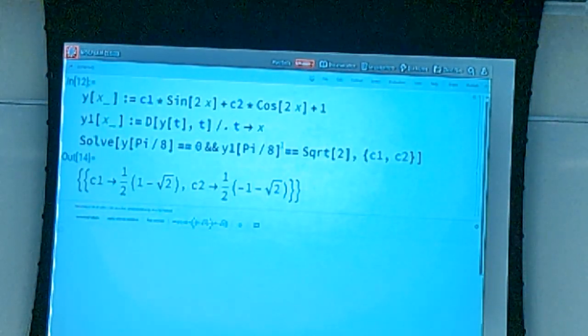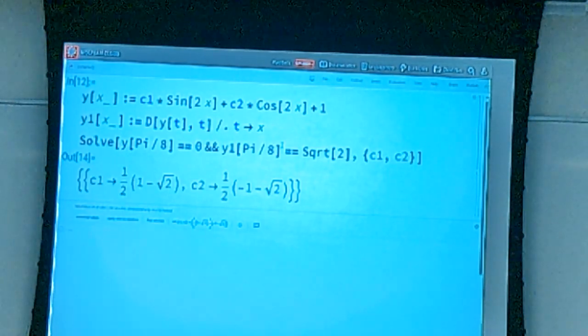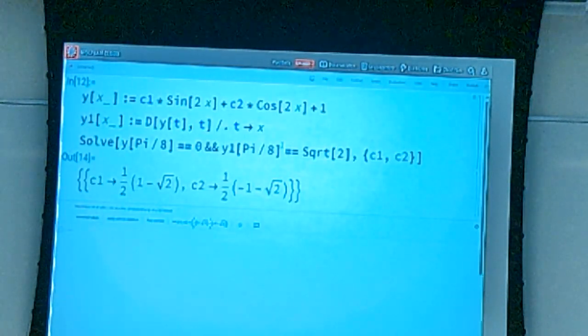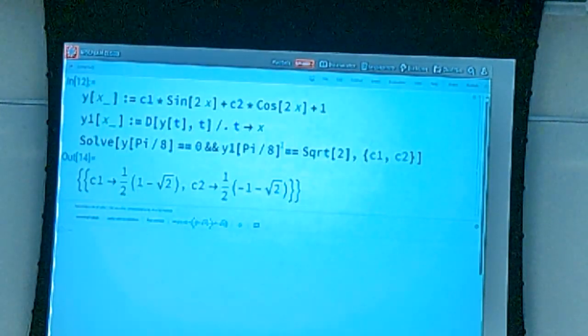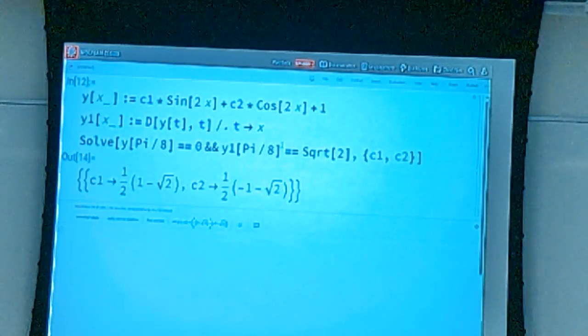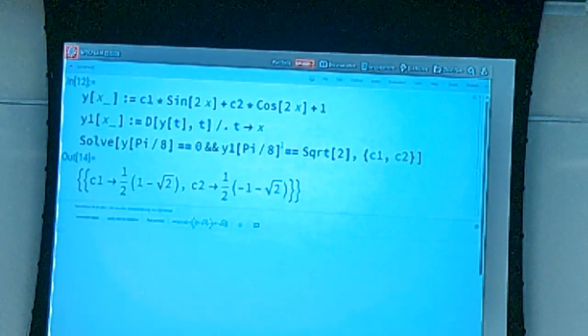That's how I have to do it. So apparently I can't use the evaluate at within the solve command, which is annoying. But, you know, that's what it is. You also saw I did y prime of pi over 8, which is the same thing. Take this derivative back to pi over 8. But we get the same solution. Just two different ways of doing it. And again, this is the way that I prefer to do it, using Wolfram.